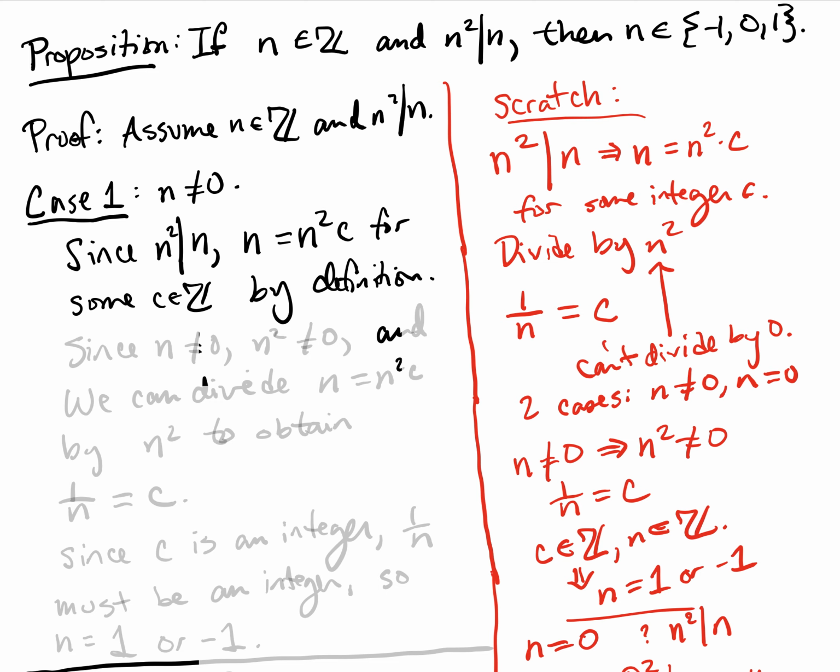Now we know that n is not equal to 0. So since n is not equal to 0, n squared is also not equal to 0, and we can divide n equals n squared c by n squared to obtain 1 over n is equal to c.